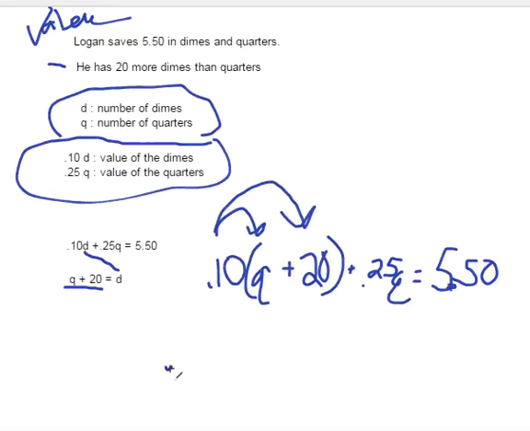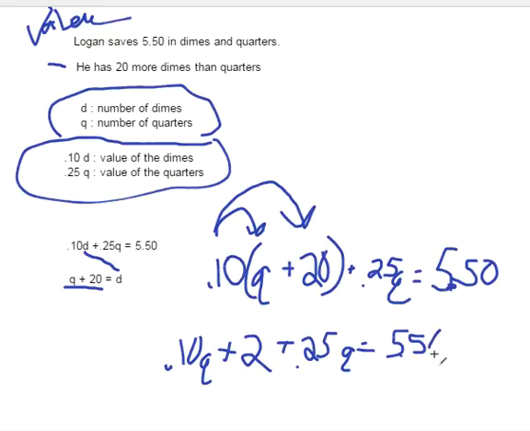So 0.10Q plus 20 times 0.1, and I'm just double checking on my calculator to make sure I don't make a mistake with my place value. 0.10 times 20 is 2. So I've done distributing, and I'm just bringing down the rest of that equation. 0.25Q equals 5.50.